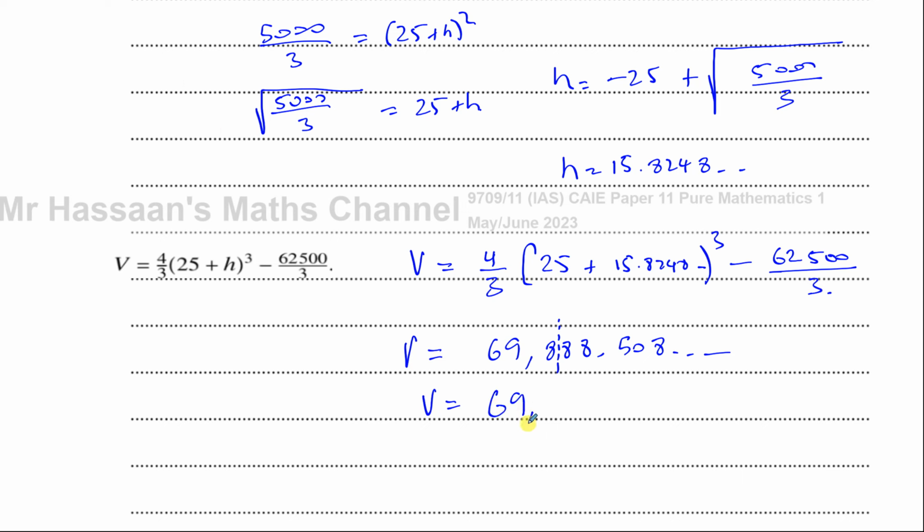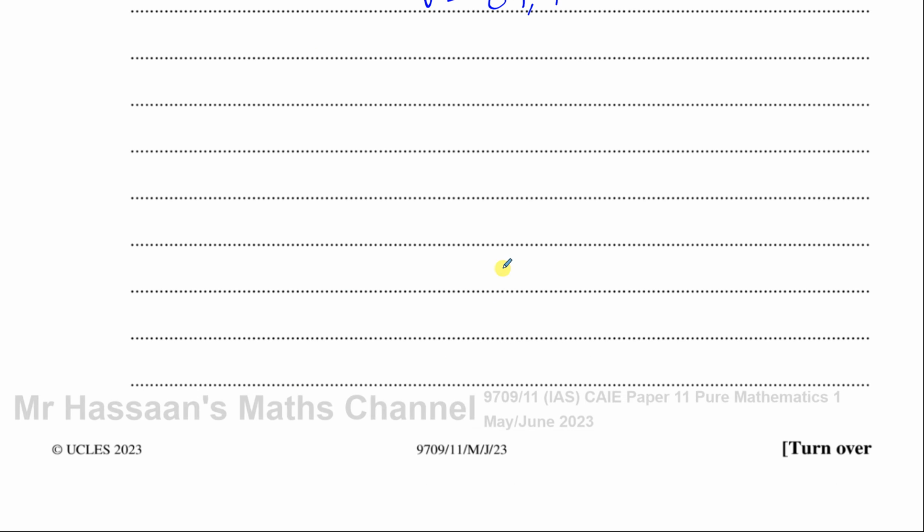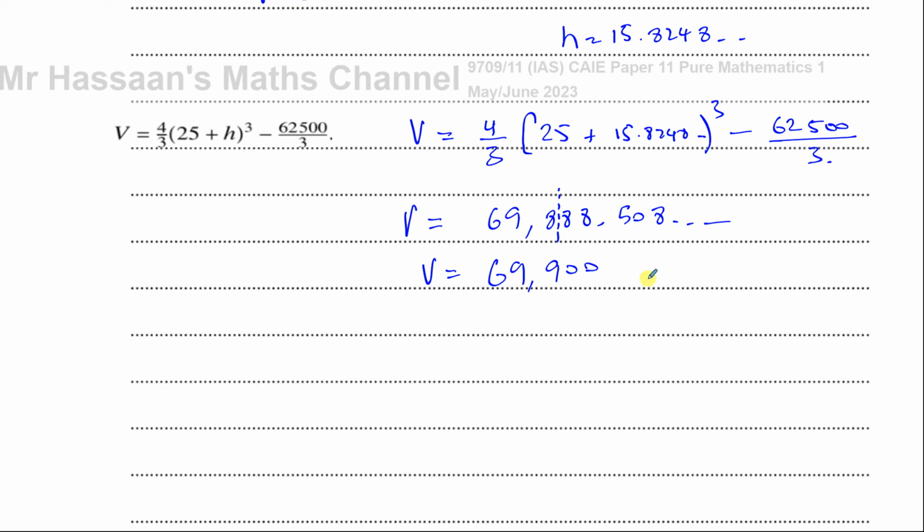So it's 69,900. Does it say to the nearest anything? No. So 69,900, and that's the volume, which is in centimeters cubed.